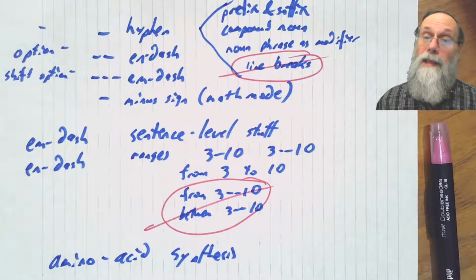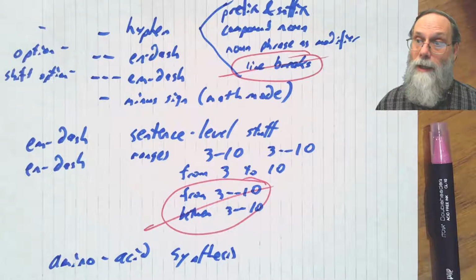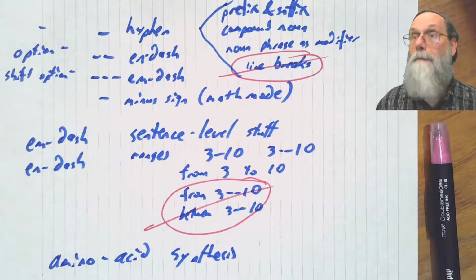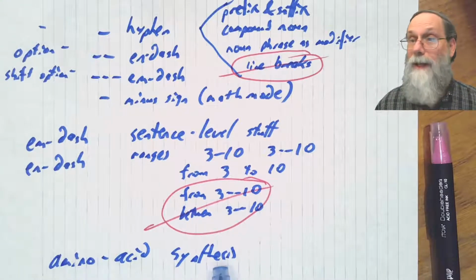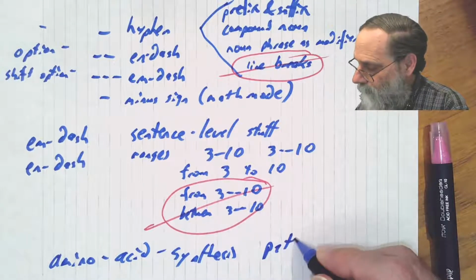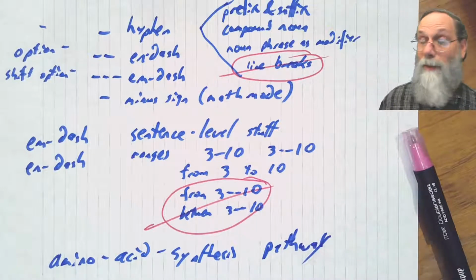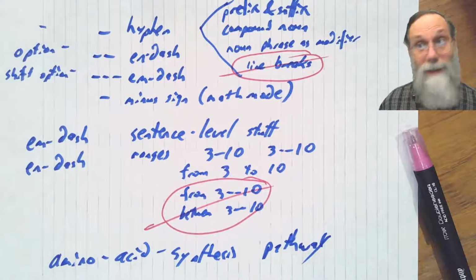And if you wanted to say the amino acid synthesis pathway, where pathway is now the head noun, and amino acid synthesis modifies it, then you have to hyphenate the whole thing, amino-acid-synthesis pathway. And pathway, incidentally, is a compound noun that doesn't have a hyphen.